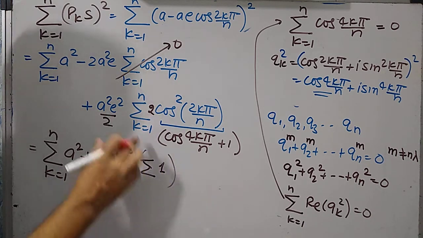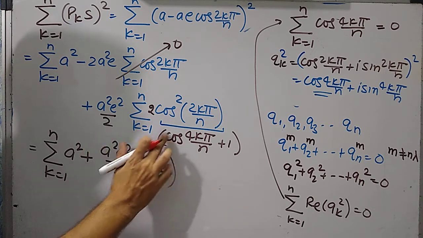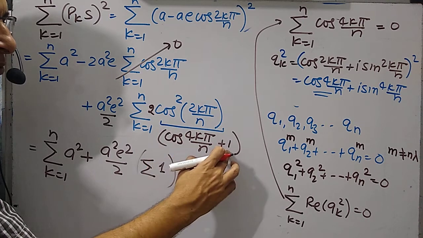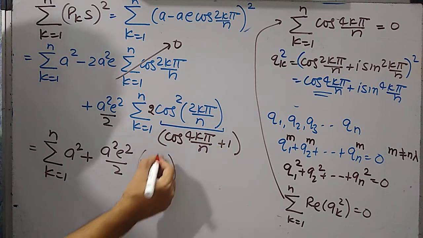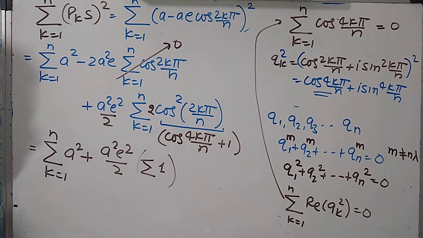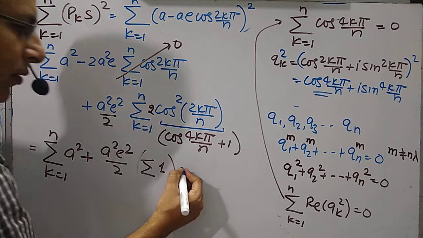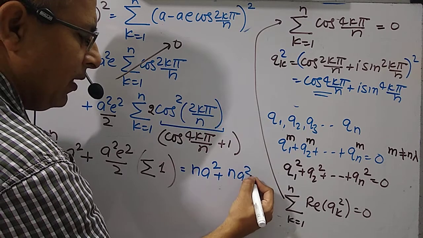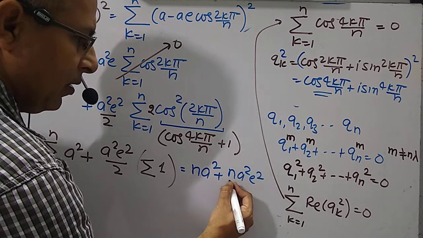Why? Because we get sigma of 4k pi upon n plus sigma of 1. So sigma of 4k pi upon n will be 0, so we get sigma of 1, and sigma of 1 is n.